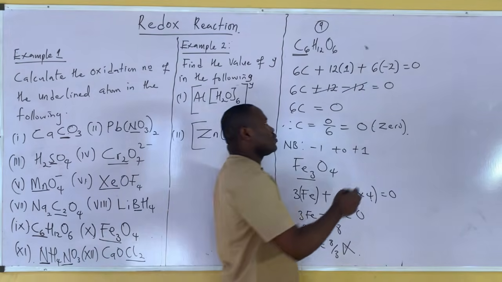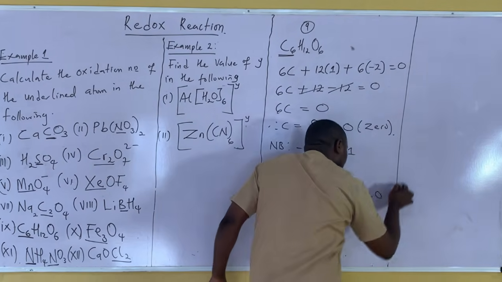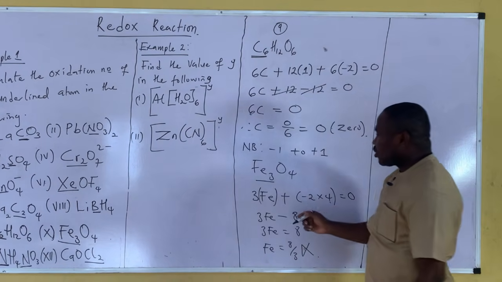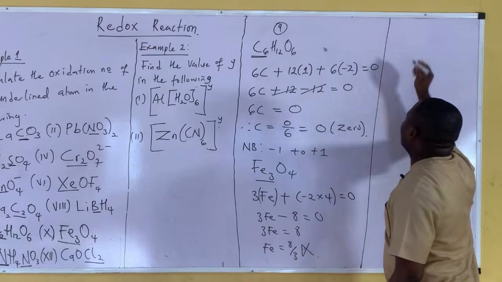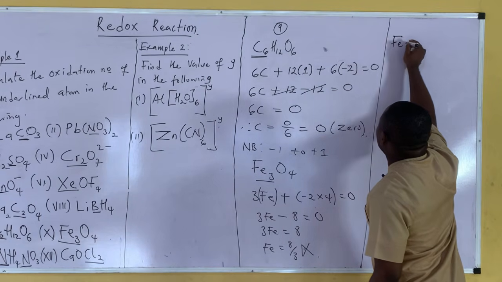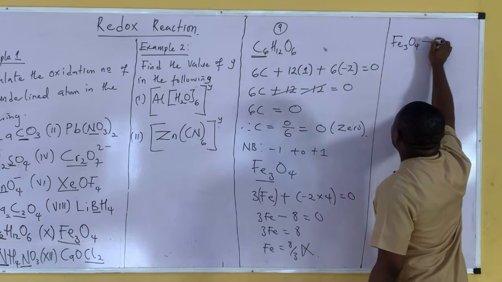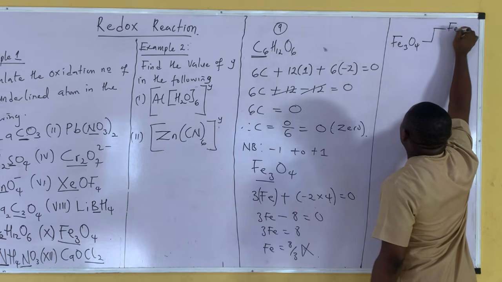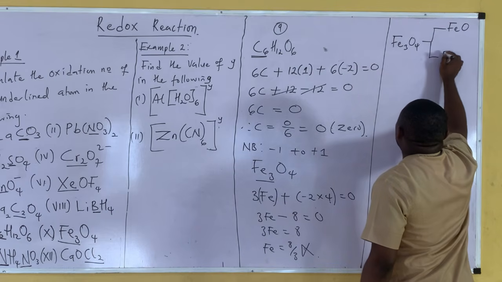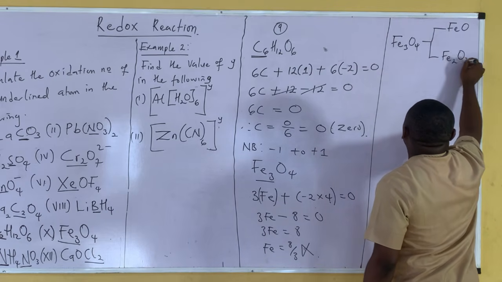So what is the right way it ought to be solved? It means this compound is actually existing as this. Fe3O4 is a combination of FeO and Fe2O3.